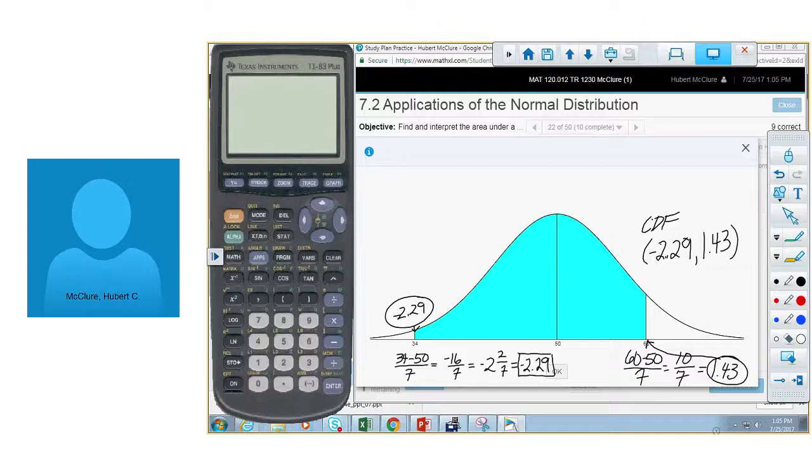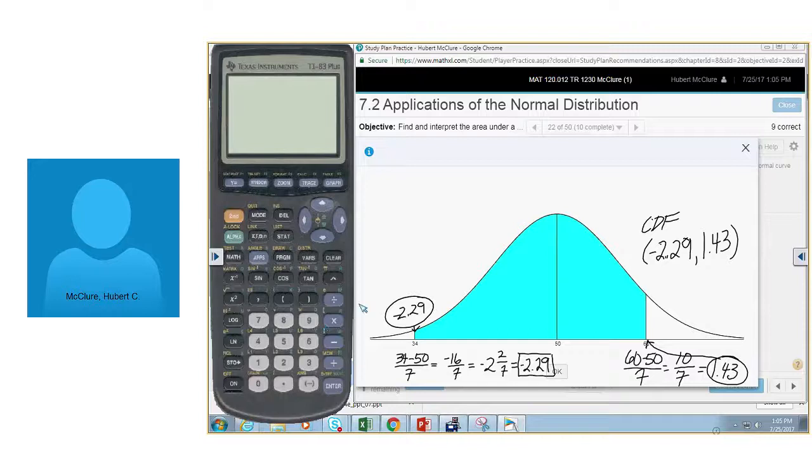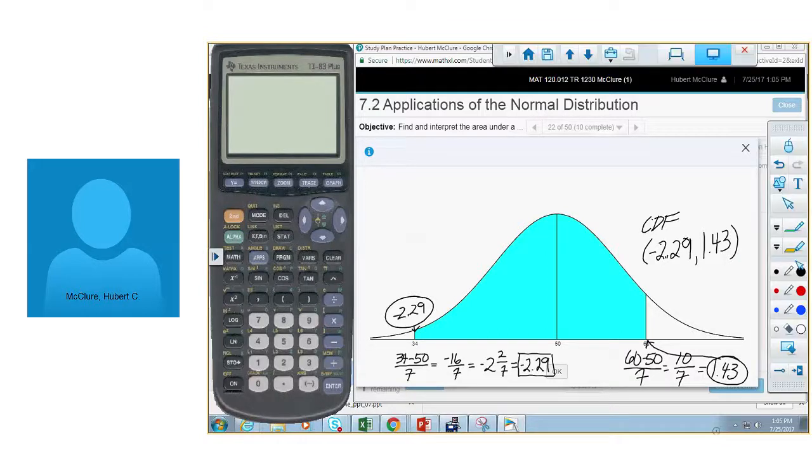So normal, second, bars. Normal CDF. Negative 2.29. Comma. 1.43.